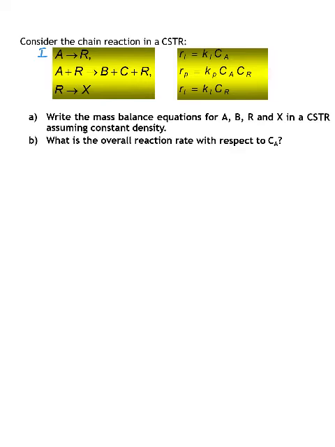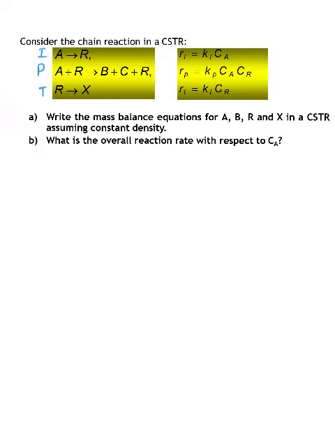So the second step is the propagation step, and in the last one, the radical reacts to produce side product X. So that is the termination step. Also given in the question is the rate law equation for each step.